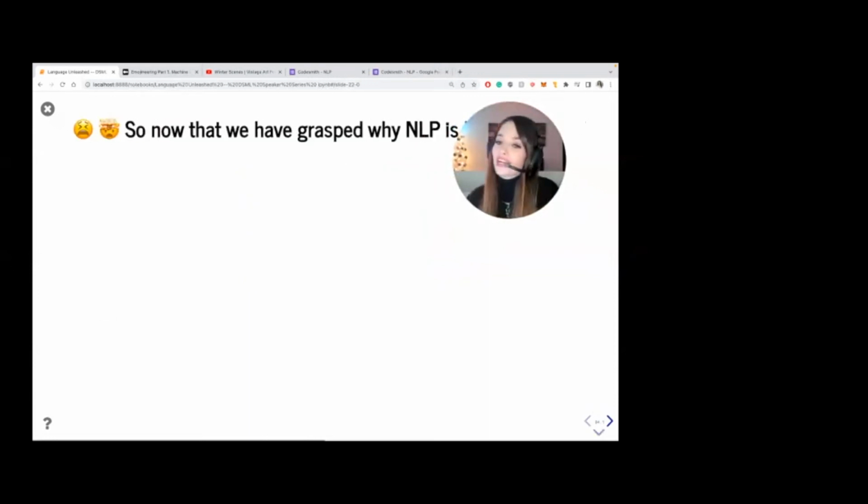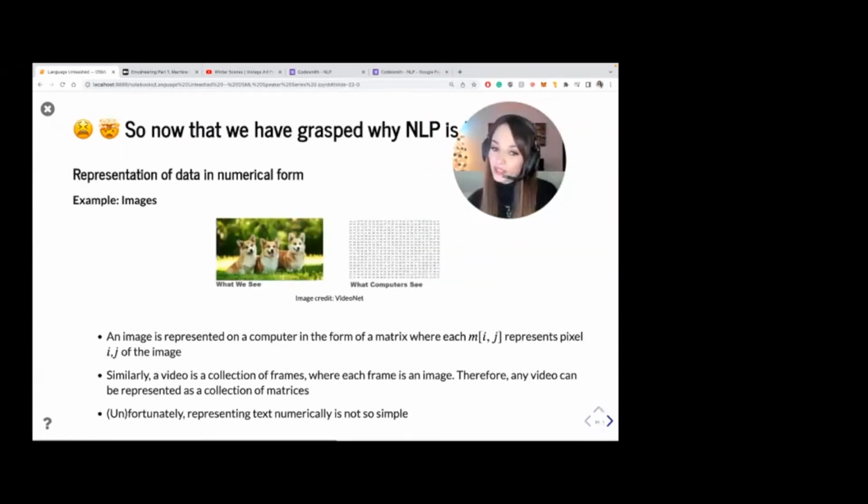So now we have grasped why NLP is hard. Let's go back to the representation of data in numerical form. We have text, and text is data, but how do we represent it in a numerical form? That way we are able to communicate with machines and extract the value from all that text that is available.